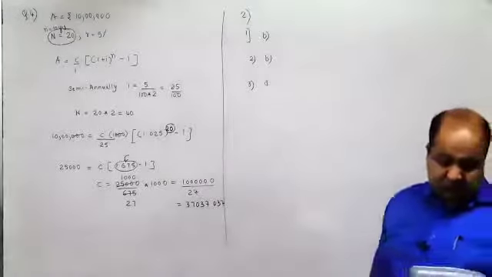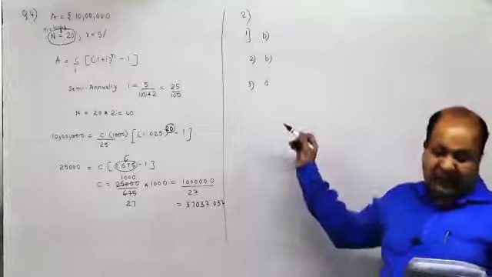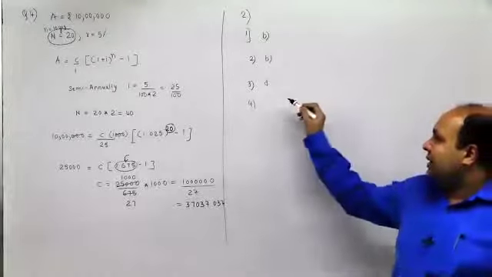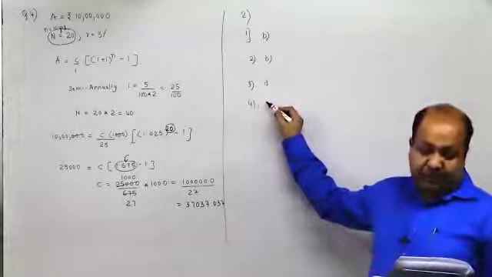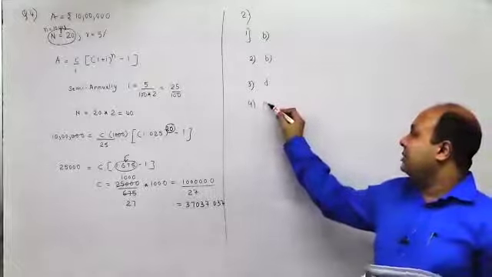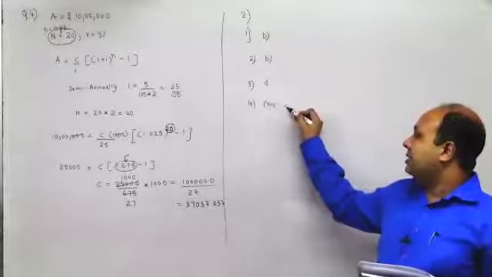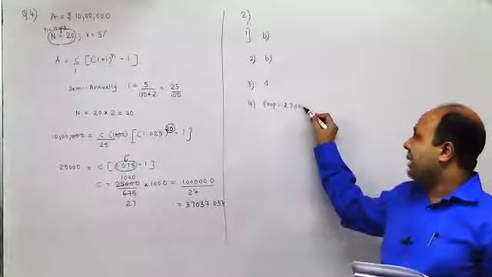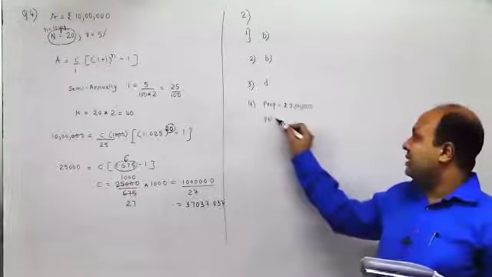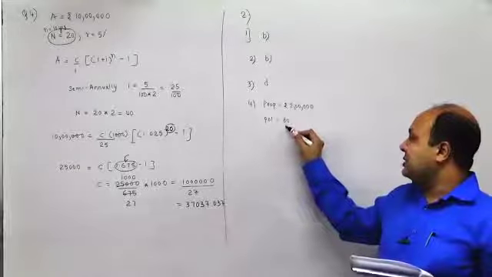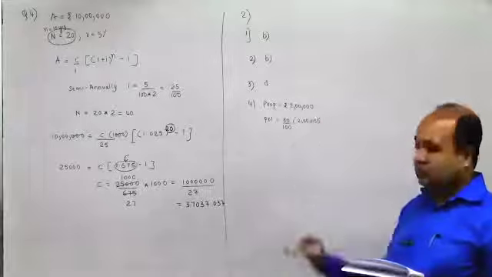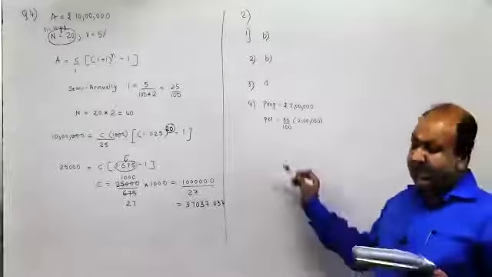Sir, it's correct. Yeah. Fourth one, a shop valued at 2 lakh is insured. So that is a property value. Property value is rupees 2 lakh. It is insured at 80% of its value. So policy value is 80% of this. And rate of premium is 4%.